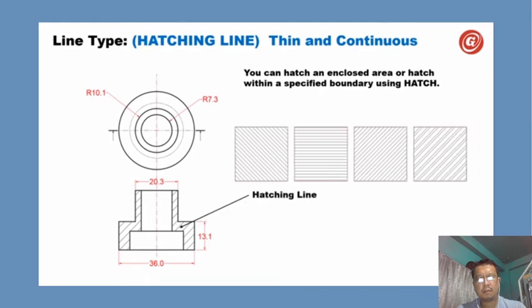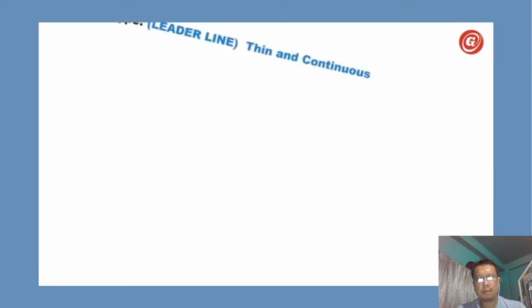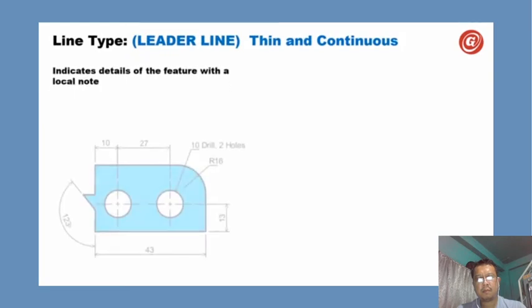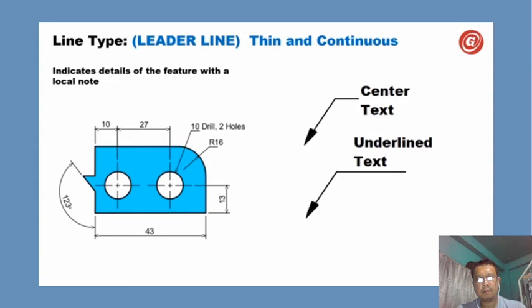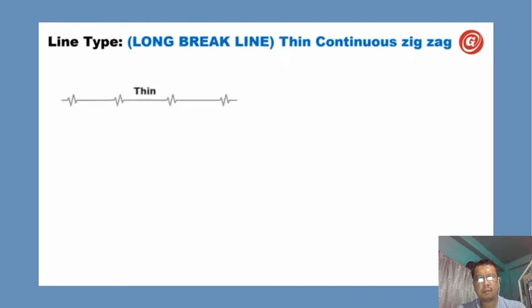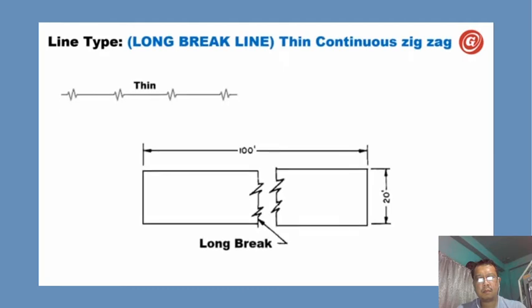You can hatch an enclosed area or hatch within a specified boundary using hatch. Leader line. Leader line indicates details of the feature with a local note. Long break line. It is represented by a thin continuous zigzag line.